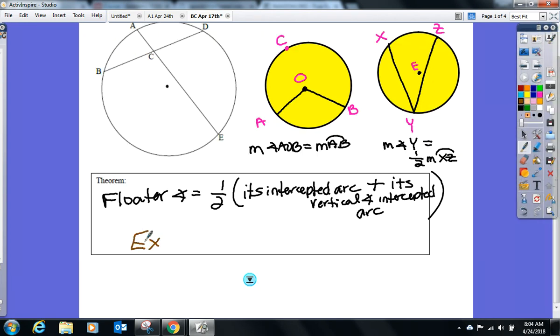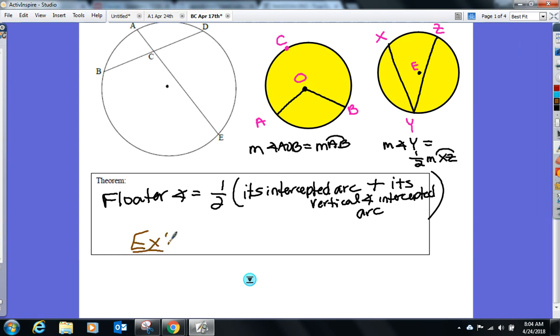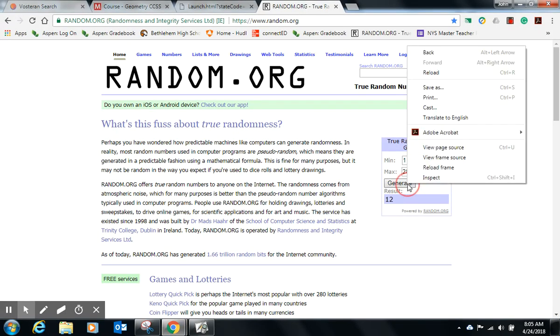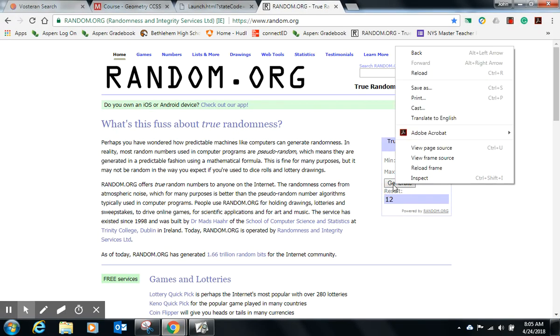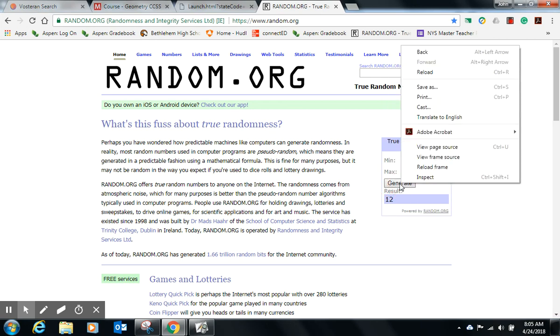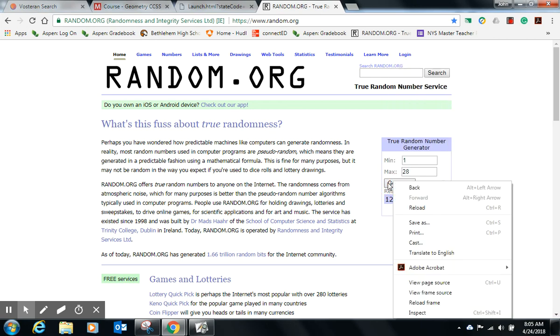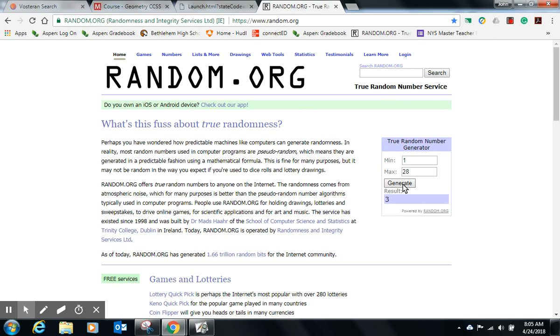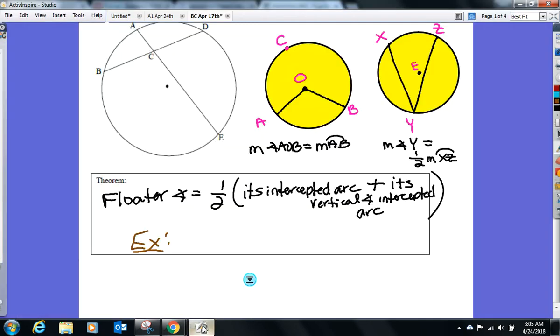Here's an example using this diagram up here. Somebody name a floater angle up there, an angle where the vertex is floating inside the circle. Name an angle up there that would be considered a floater angle.